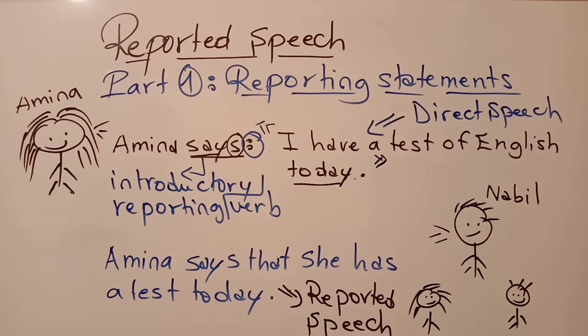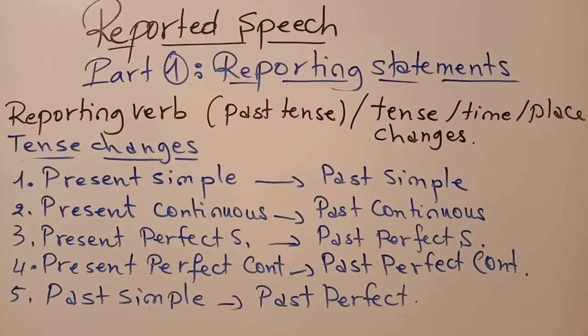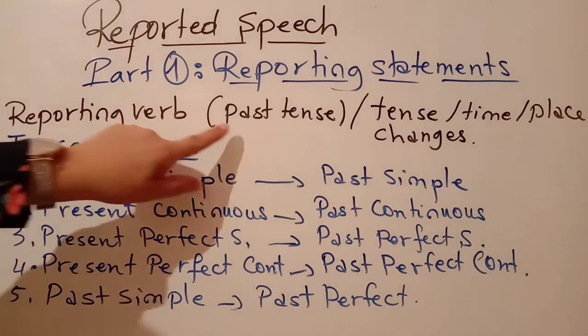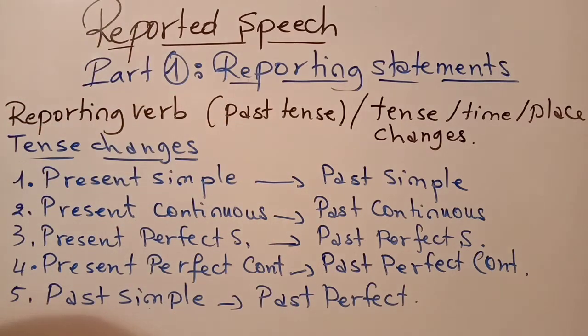But when the reporting verb is in the past, of course, we have tense, time, and place changes, as we will see in the following tables. So here you have to be careful about tenses.